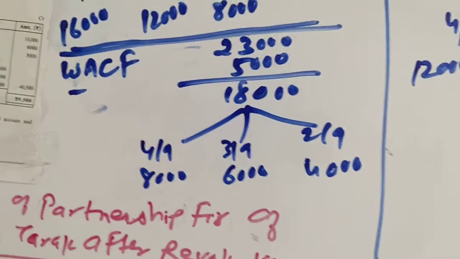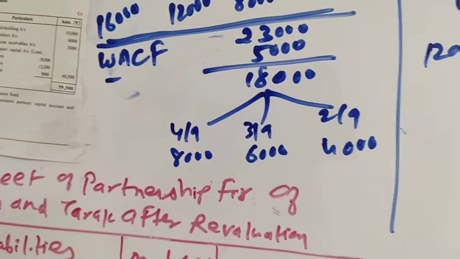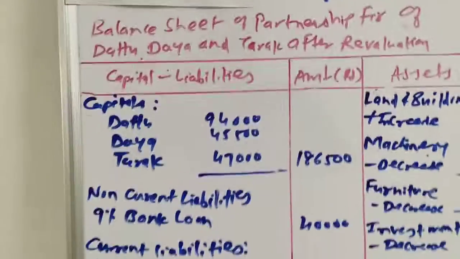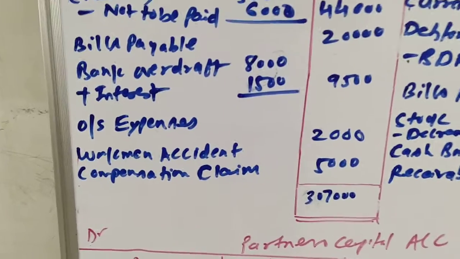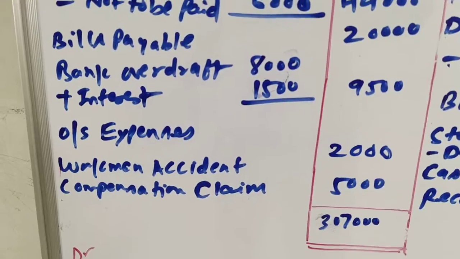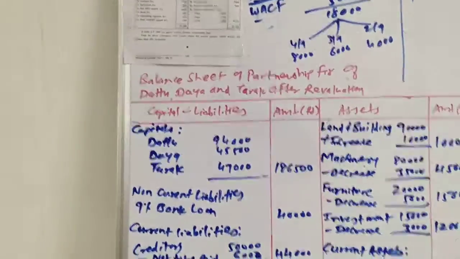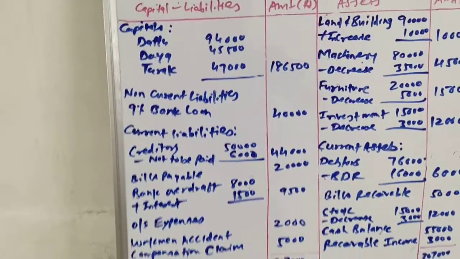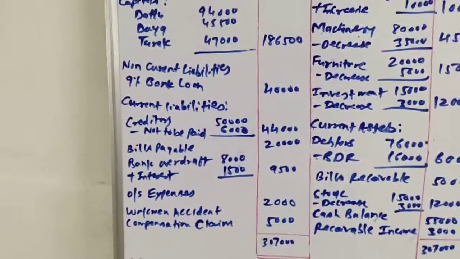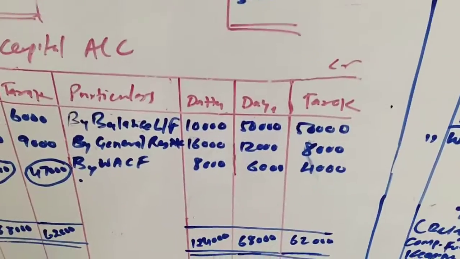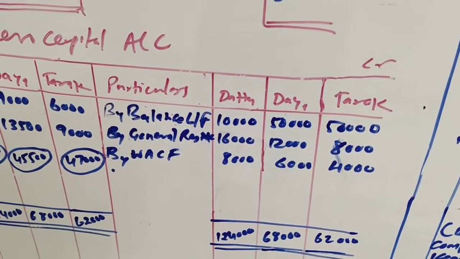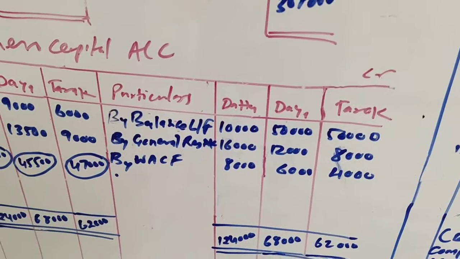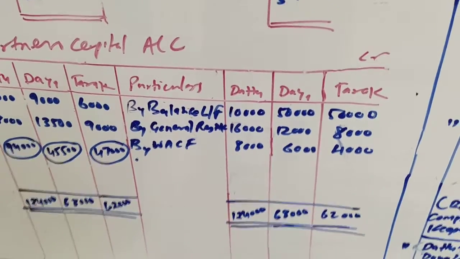So workman accident compensation claim of rupees 5,000 will be written at the liability side, the last item of the balance sheet liability side. And this 18,000 which is distributed will be at the credit side of partners' capital account: by workman accident compensation fund 8,000, 6,000 and 4,000.